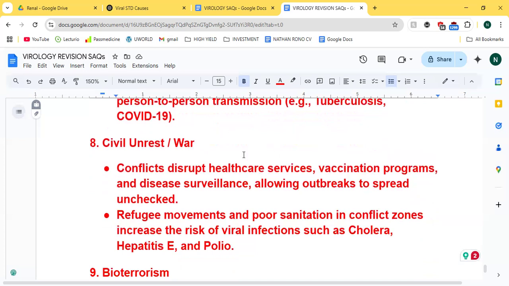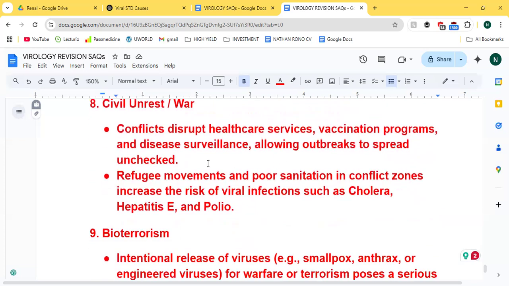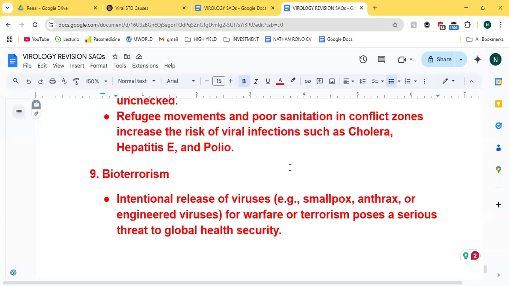It's going to disrupt healthcare services and vaccination programs, and these diseases will reemerge. Same with refugee movements. If someone comes to a refugee camp and there's poor sanitation, you're going to increase the risk of viruses that are spread via the GIT, the gastrointestinal tract.